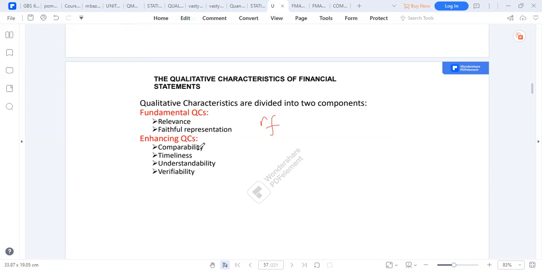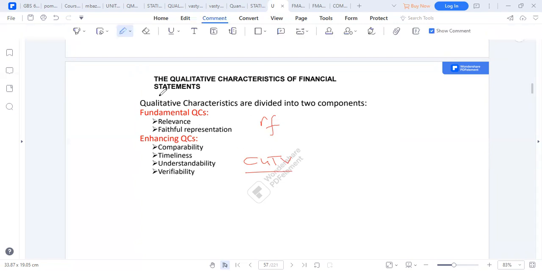Then here we use CAT-V: comparability, understandability, timeliness, and verifiability. So these are the enhancing characteristics that we look at when we come to describing information.